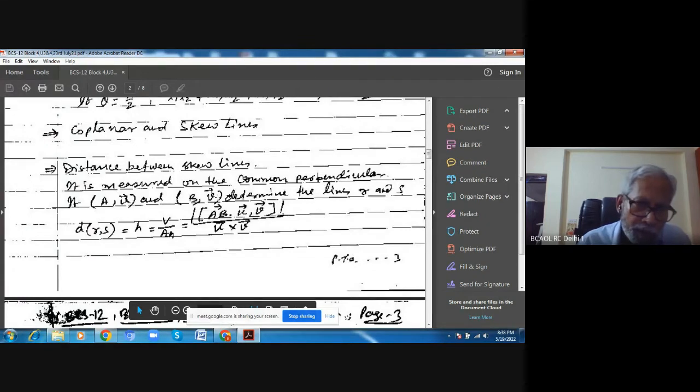You have to remember this formula, and your questions may be like this in terms of the common perpendicular. That time you have to consider this. This type of question will give you all the inputs: A, U, B, and V will be given in the question.